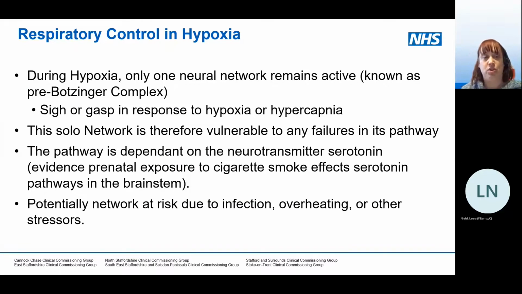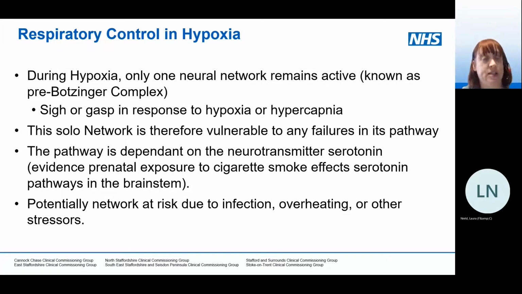So just to talk a little bit about the mechanism of how a sudden infant death occurs. That's a bit to do with the respiratory control in hypoxia. So hypoxia is when the oxygen levels drop. During hypoxia, there's only one neural network that remains active. It's called the pre-Botzinger complex.